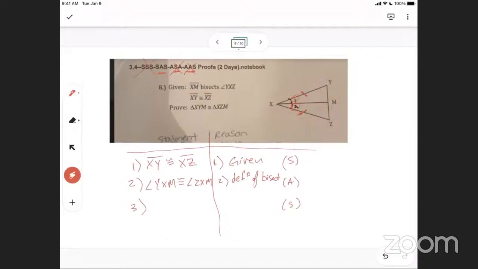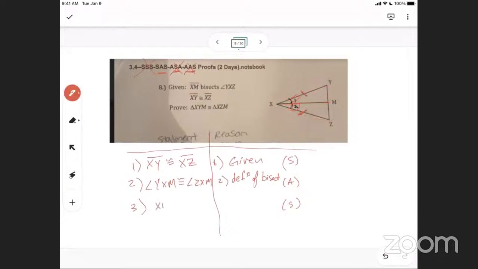The first side, remember, was XZ. Then we went angle, this angle and this angle. Do you see how I look back at the shape to see what I'm doing? Side, angle, side. So what do I write?